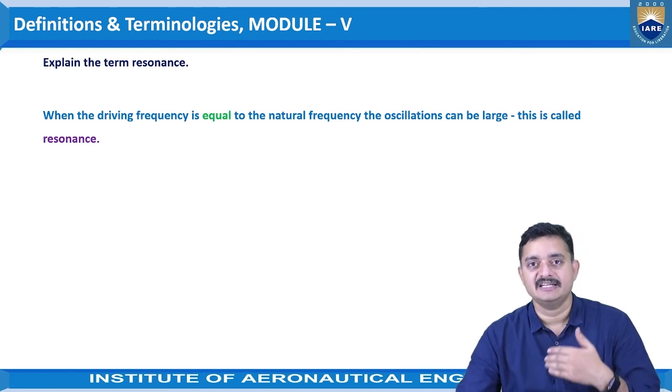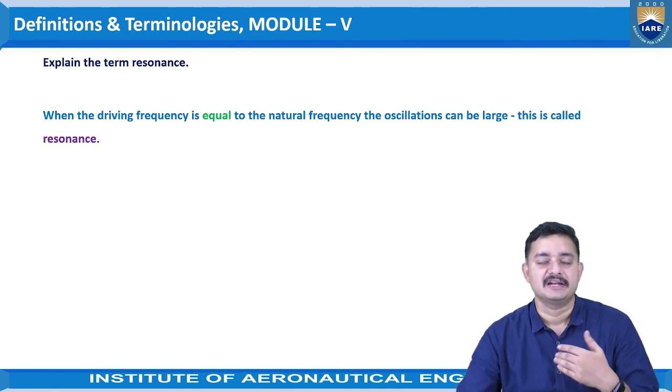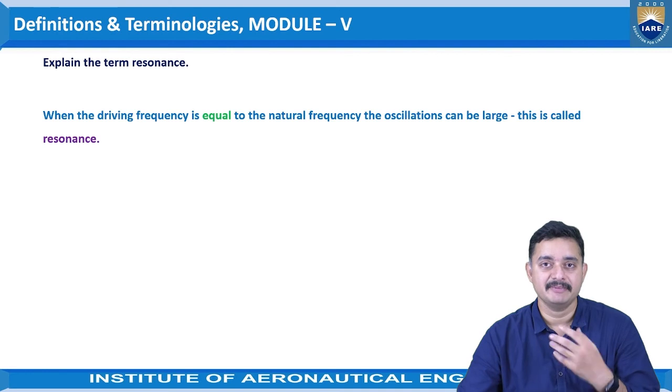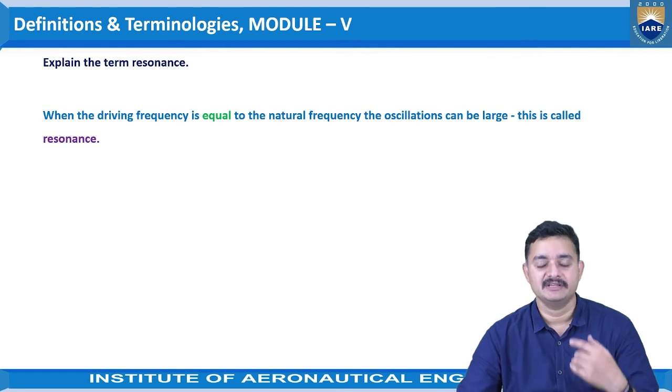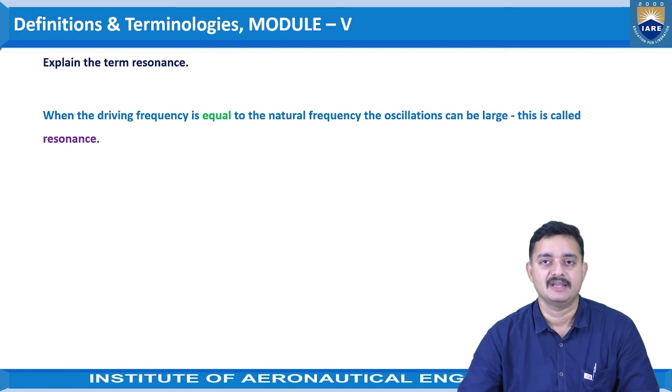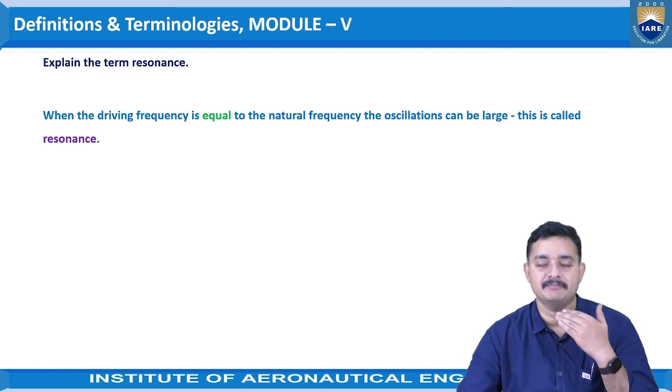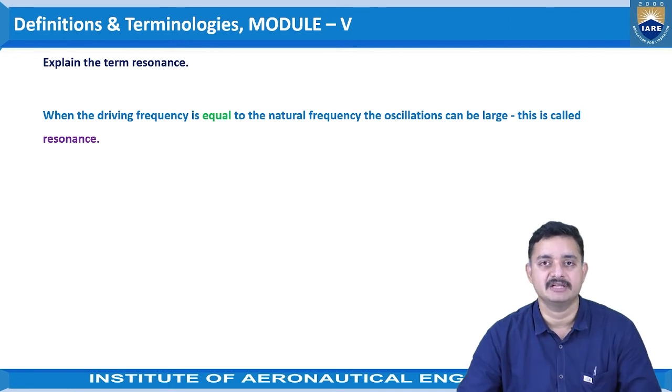Whatever frequency is applied manually to the system or object, if the vibrations created are equal to the natural frequency of the object, then the oscillations will be large. That means we can experience greater amplitudes. Hence, this is called resonance.